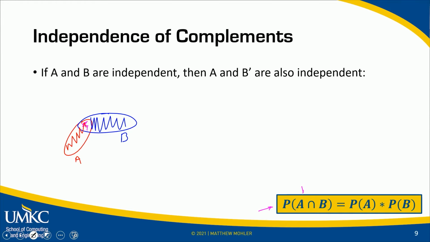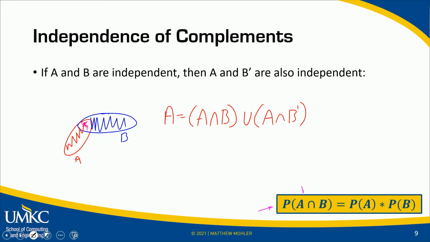But if we look at that with respect to our sample space, we can also say a little bit differently that A is equal to A intersected with B, unioned with A intersected with B complement, or more accurately stated, B prime, our complement of B.